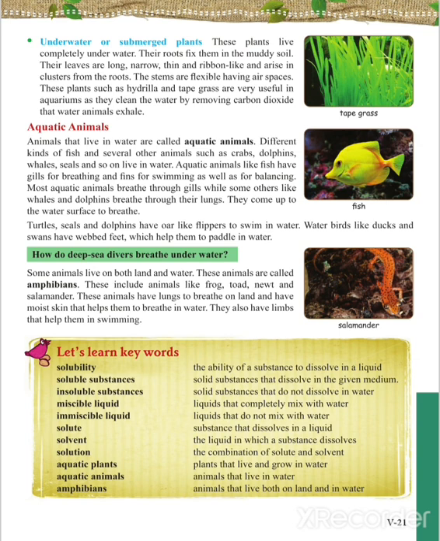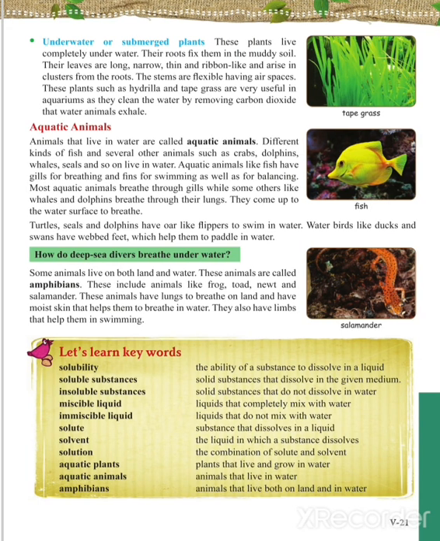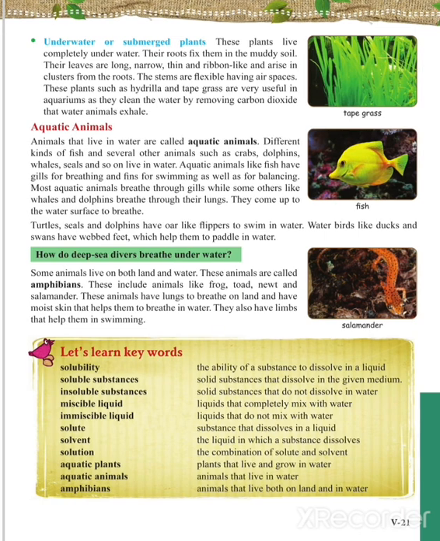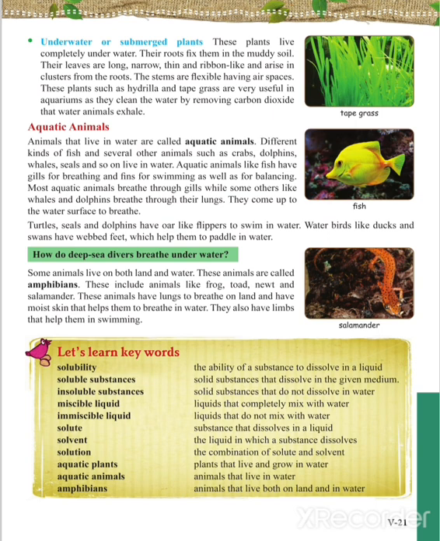Now, aquatic animals. As we have seen aquatic plants, we will see aquatic animals. Animals that live in water are called aquatic animals. Different kinds of fish and several other animals such as crabs, dolphins, whales, seals, and so on live in water.